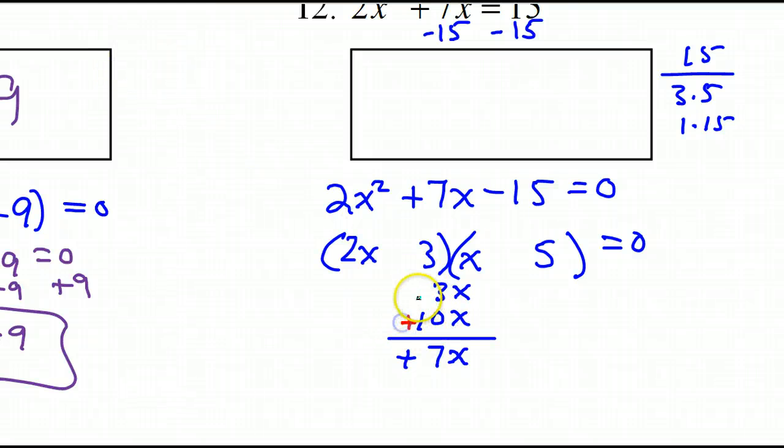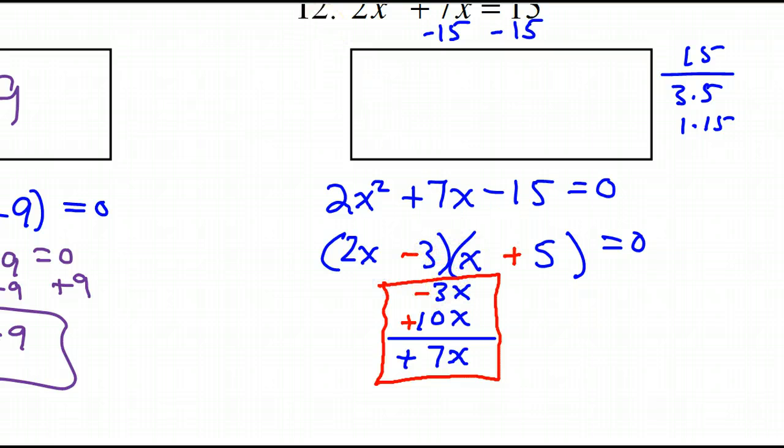If we have a positive 10 and a negative 3, that would make 7. Okay, so here's my negative 3, and this positive 5 would make the 10. Does that give me negative 15? Sure, negative 3 times positive 5 is negative 15. So this is factored correctly.